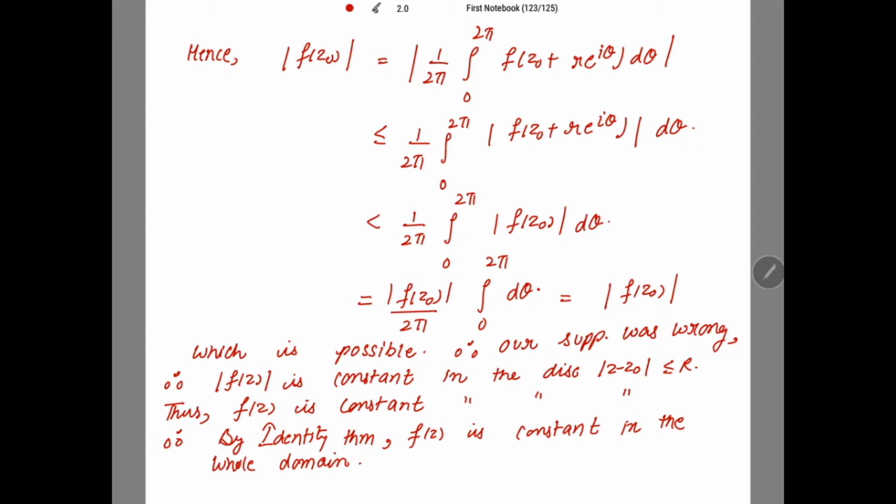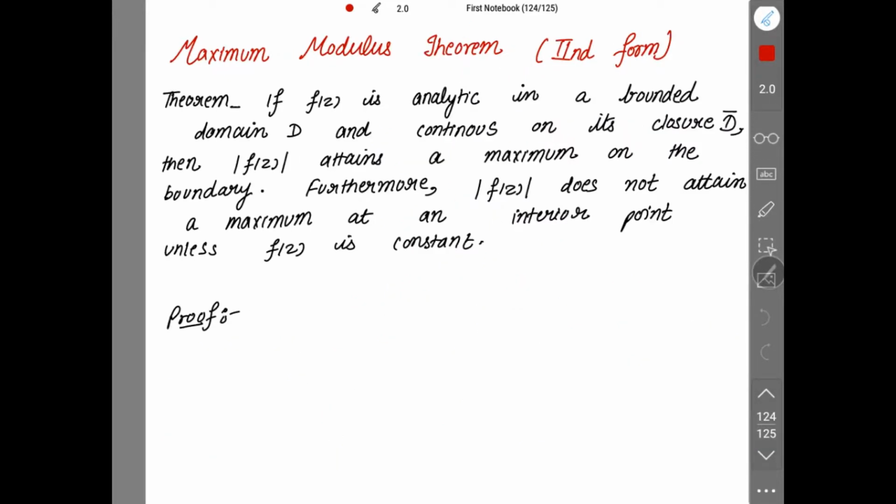Hence the result is: f(z) cannot attain a maximum at a point of D unless f(z) is constant, or in other words, f(z) attains a maximum at a point of D if and only if f(z) is constant. That we have proved.